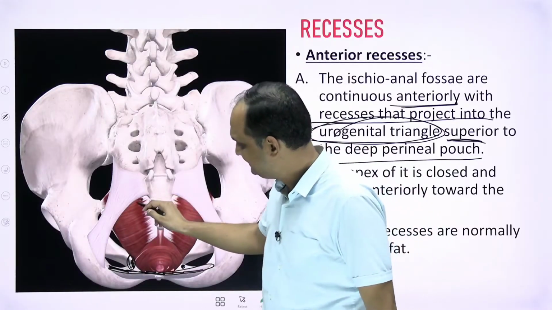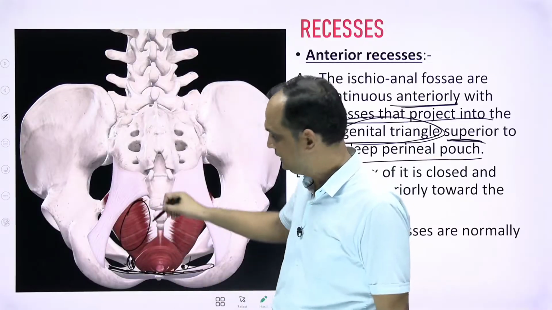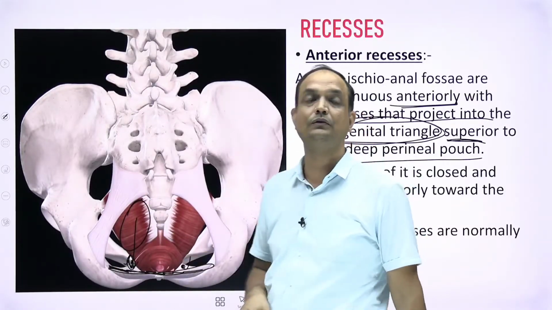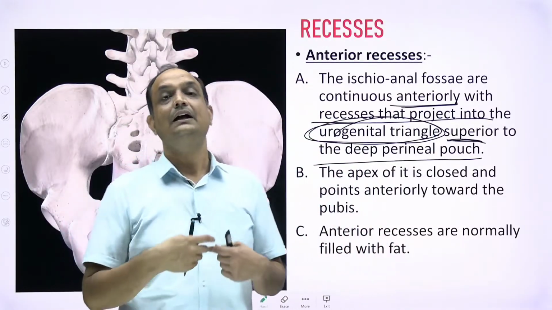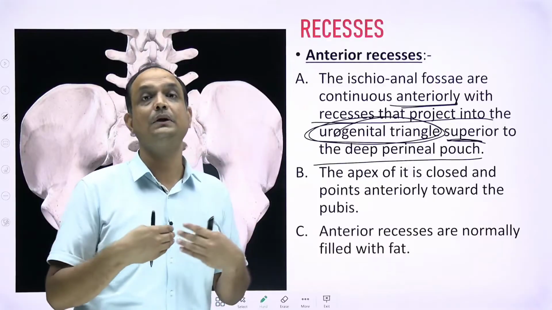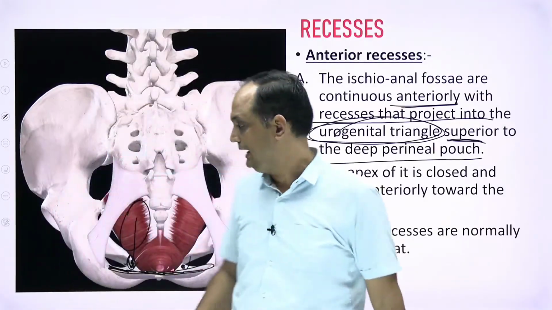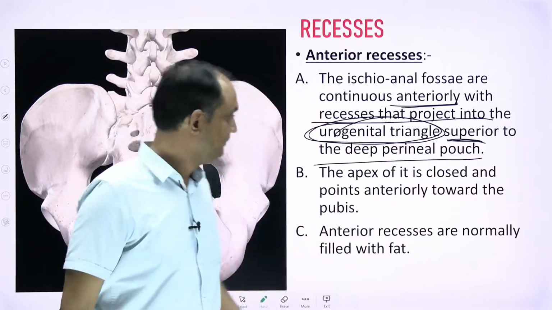Now, the recess is this and the fossa is this. So, this fossa is extending anteriorly beyond the posterior border of the urogenital triangle, and I just told you the recess is the extension beyond the limit. So, this is going anteriorly and it will touch the posterior side of the pubic bone.